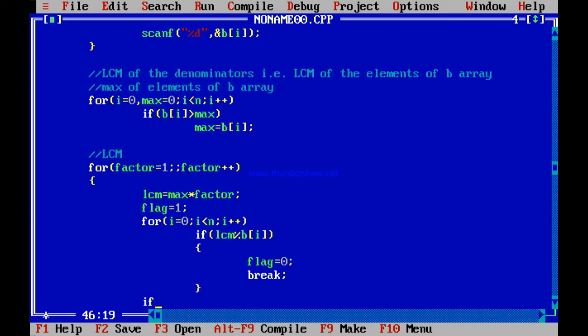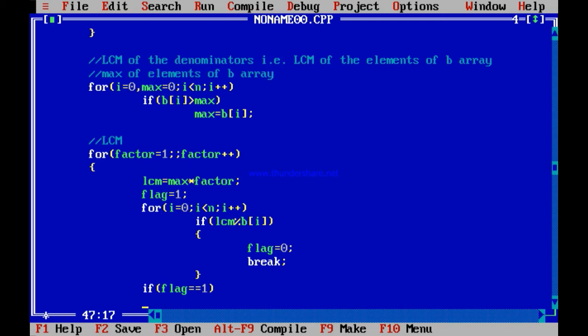But if flag is equal to 1 again, you had initialized it to 1. If you come out with 1, it means it could not enter here. That is, it was divisible for all elements of the array. So flag remained 1. So if flag is equal to 1, what will I do? I will break out.